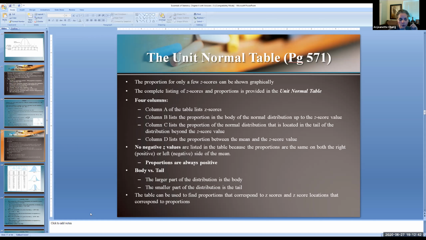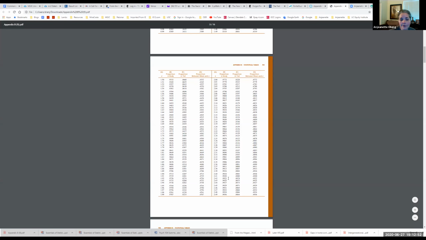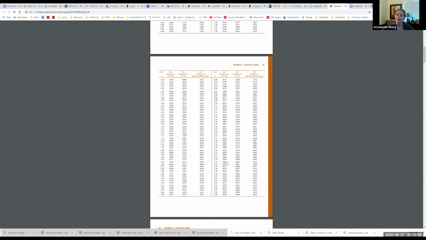And also when you look at the unit normal table, I want you to see it's only positive numbers, okay? So keep in mind that everything that happens on the right side, because it's symmetrical, also happens on the left side.